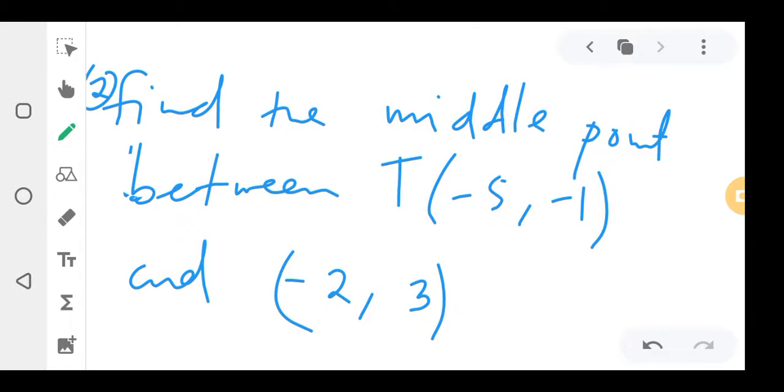Find that midpoint between this point and this point, point T and point P.